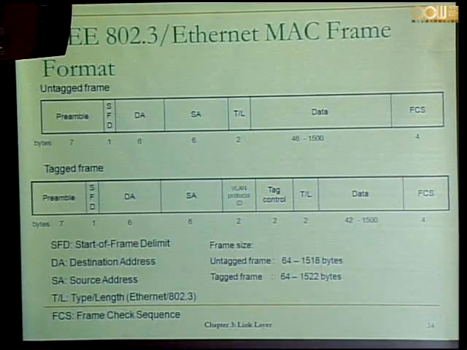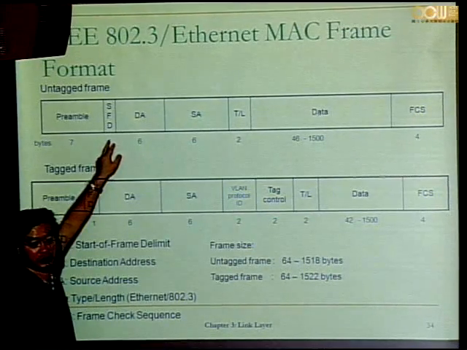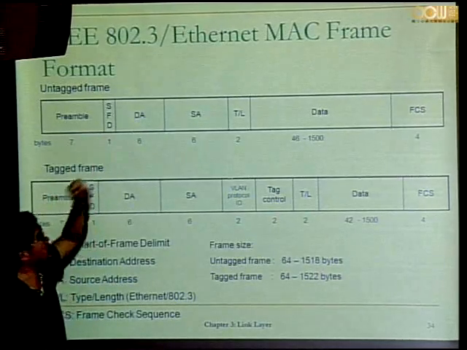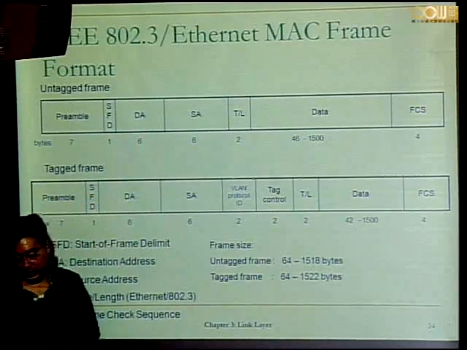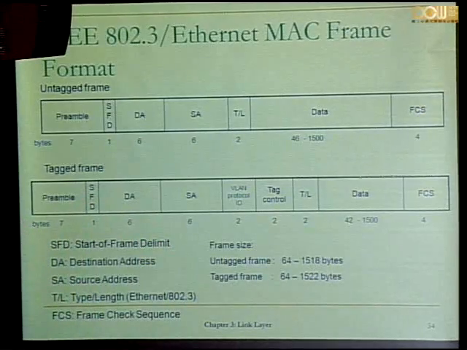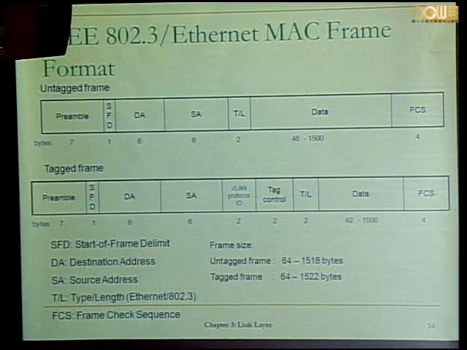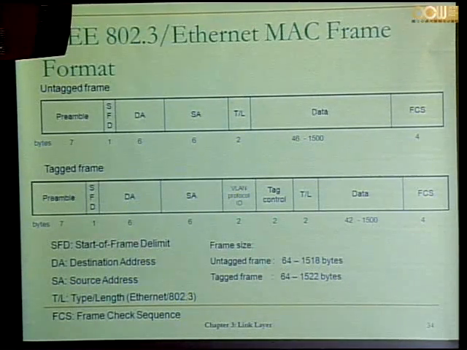And once the start of frame delimiter shows, the receiver will know, okay, it comes, and then it would accurately capture the bit pattern to tell which is which. So no bit stuffing here in Ethernet. Only the preamble to signal the receiver.